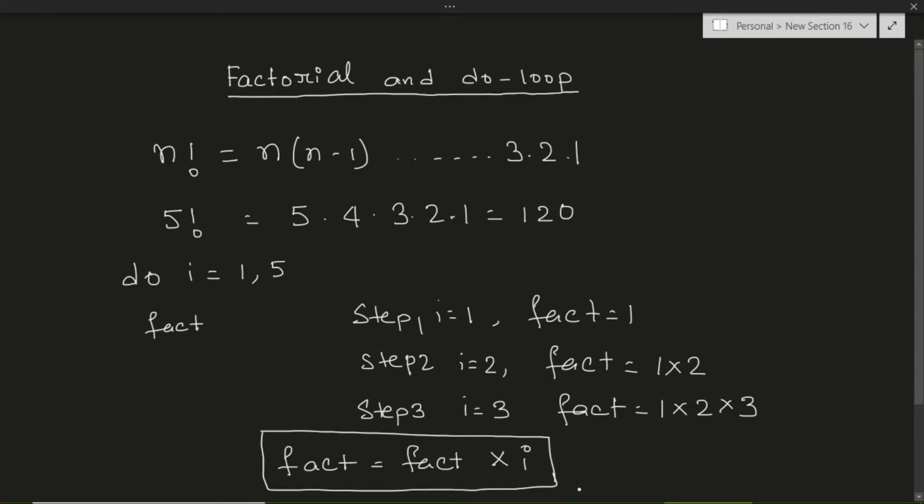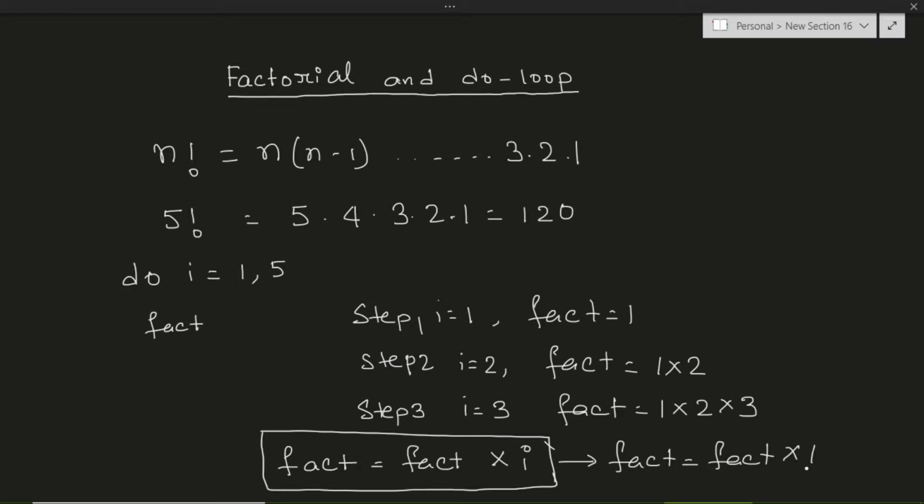Now there is a catch: you have to assign an initial value or a reference value for fact, because if you put I equal to 1 in this formula, then in the first step fact is equal to fact times 1, and it doesn't mean anything. So you have to assign an initial value for fact.